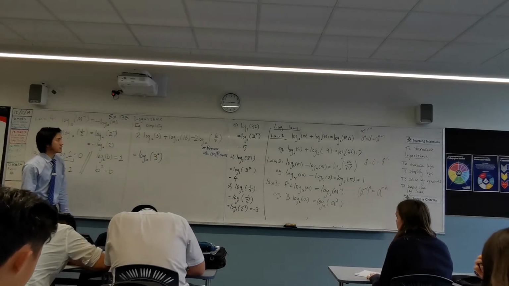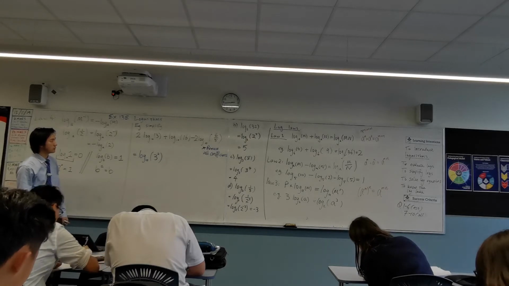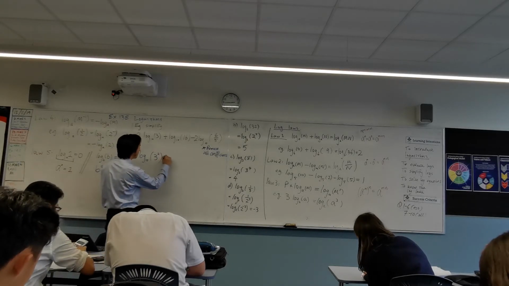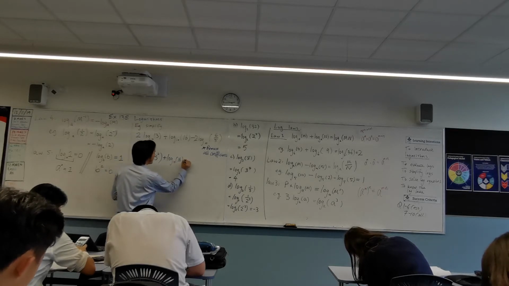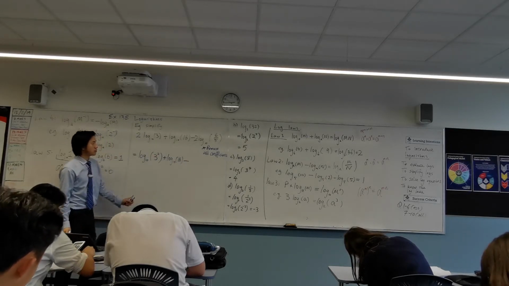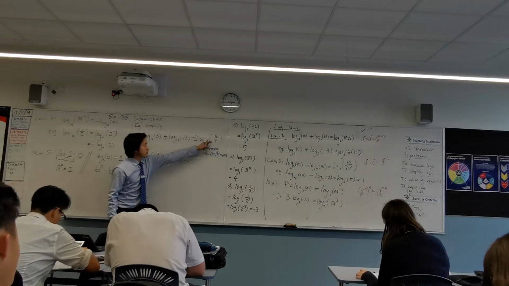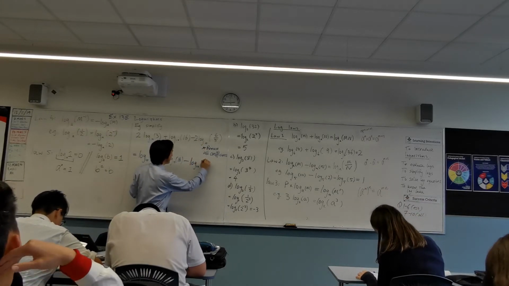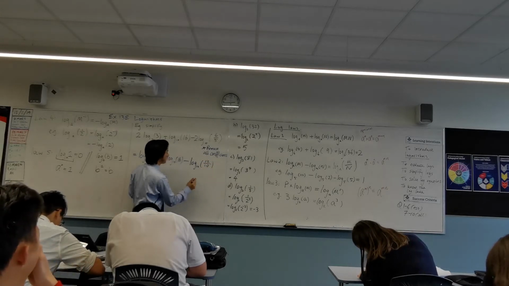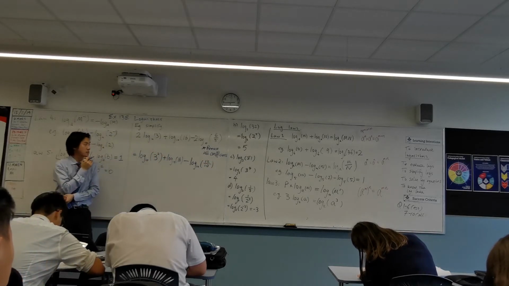I bring that coefficient in. I don't need to do anything with the next term, but I copy it down anyway. And lastly, I bring the 2 into the brackets. Log base 10 of 12 over 10.